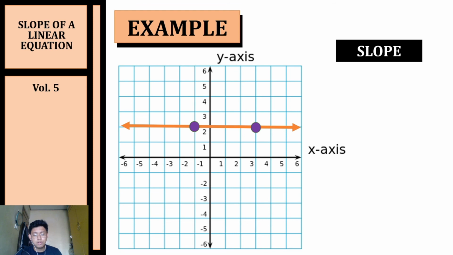We're not moving up or down, so it's 0. Next, our run: we have 4 units going to our second point. We substitute into rise over run: our rise is 0 and our run is positive 4. 0 divided by any number is always equal to 0. And since we have a horizontal line, the slope is equal to 0.